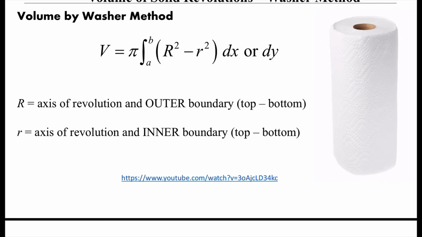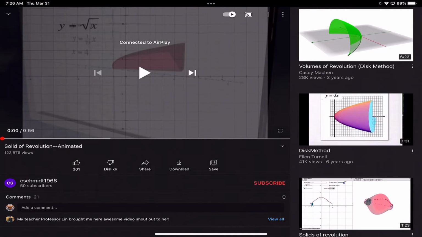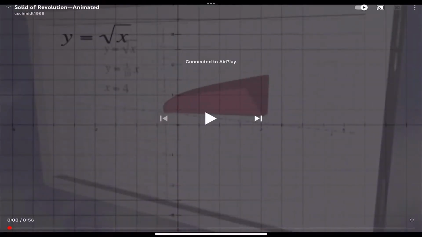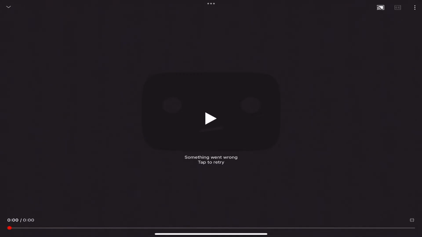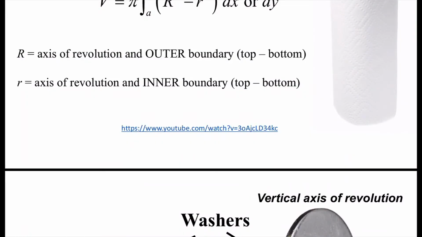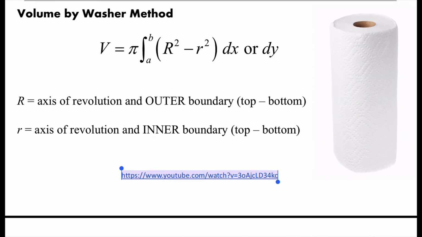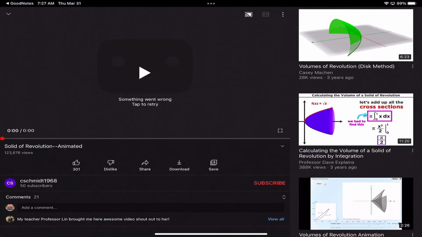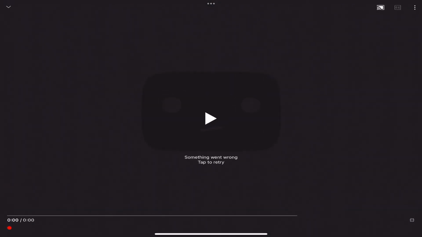So this is what they look like. So let's see if I can make it a little bigger. There we go. Okay. What's going on? I'm trying to reload this. Something wrong.